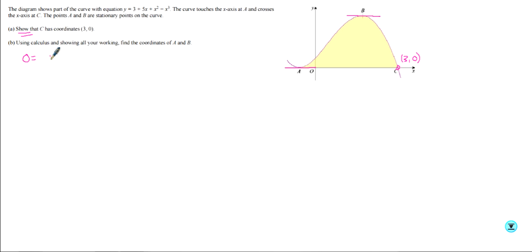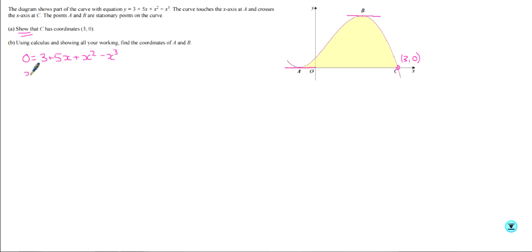So 0 is equal to 3 plus 5x plus x squared minus x cubed. Okay, now I think the easiest way of doing this is using your algebraic division.